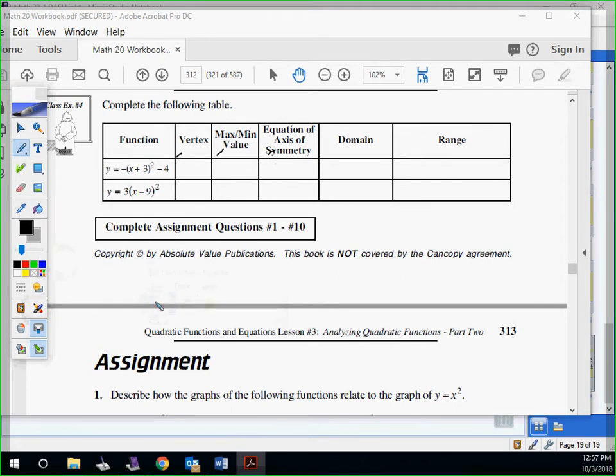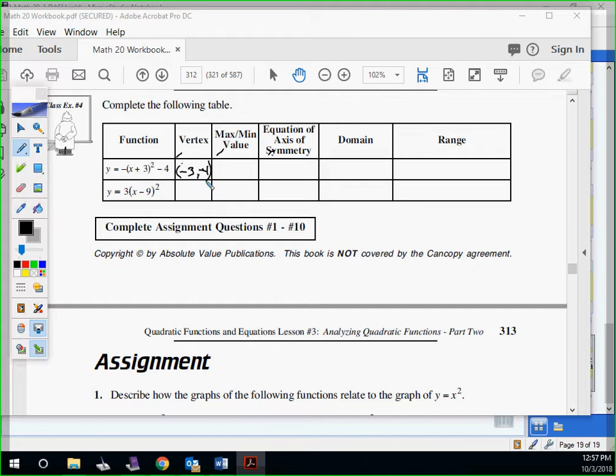We got vertex. So this one's vertex is what? -3, -4. Okay. If you're wondering if the reflection affects that, no, because we reflect first. So that reflection, we're still at 0, 0.